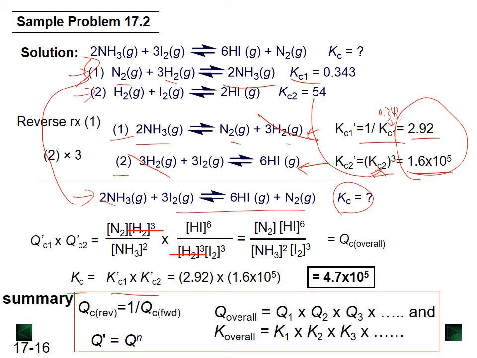And if we add several reactions together to give you the overall reaction, then the equilibrium constant of the overall reaction is the product of the individual K. Okay, and you have to compare reactants and the product and see if you need to multiply a common number or you need to reverse the reaction to get the unknown reaction.